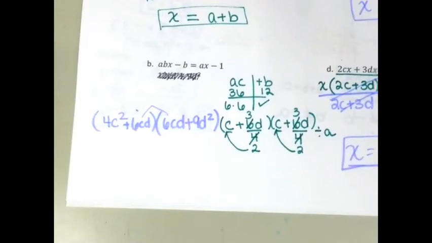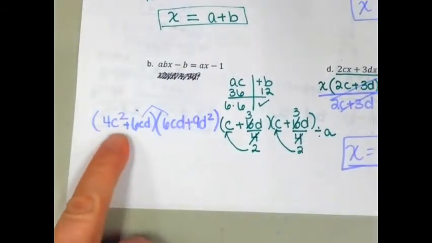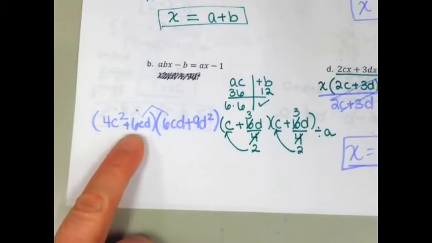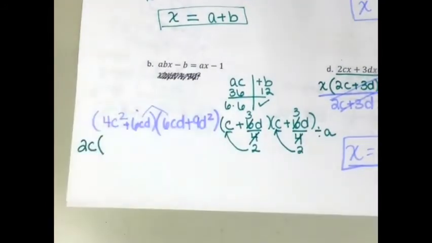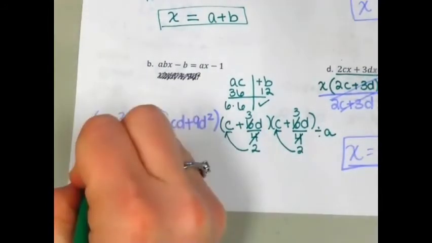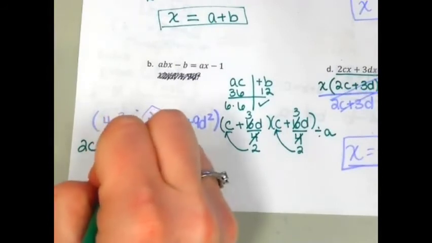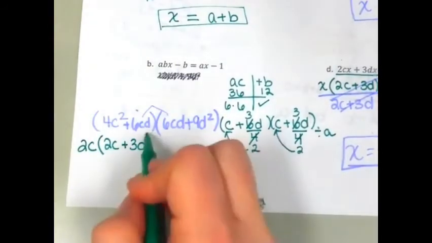Okay? What is my GCF between 4C squared and 6CD? 2C. Yep. So if I take out a 2C, aren't I left with 2C plus 3D? Yep. Okay.